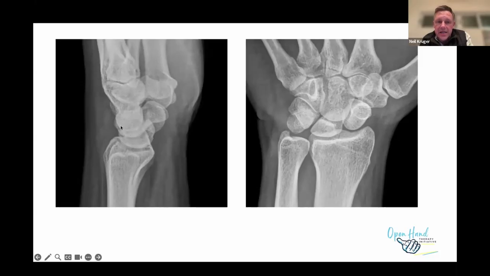Okay, there is instability in this proximal carpal row. Here your lunate is in slight extension. You can see that this little half moon is basically facing towards the dorsal side. It normally should sit at 90 degrees.